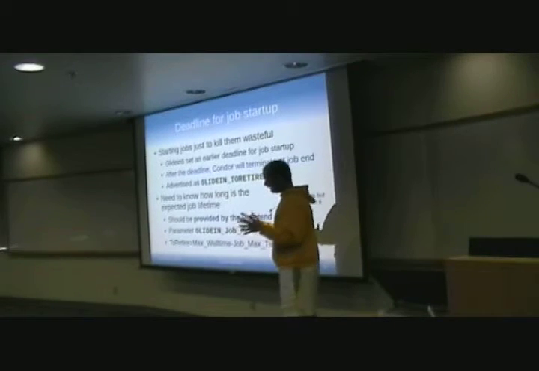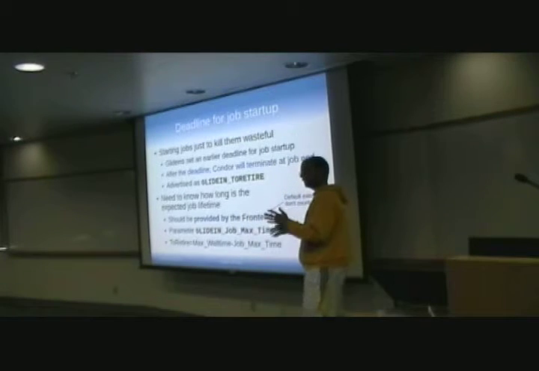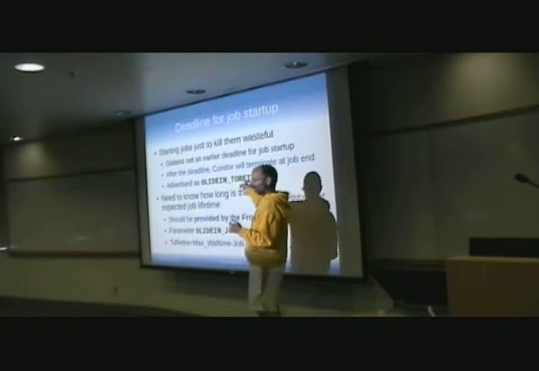The glideins will stop accepting new jobs after a soft deadline. So once the glidein gets beyond that soft deadline, no new jobs will start. And this is advertised as GLIDEIN_ToRetire.